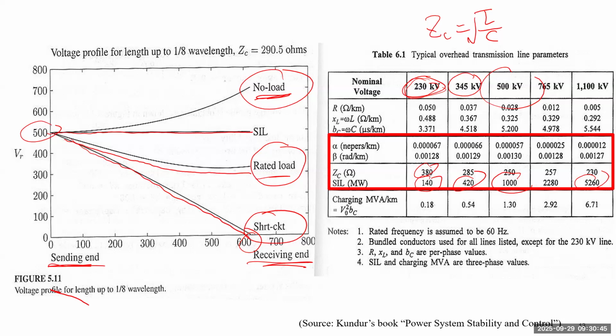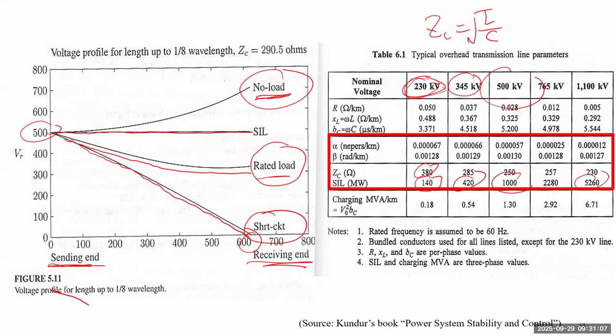This table also gives you some other typical values, which is very useful. If you want to do some calculation without knowing the details of the tower design or the conductor, but you want to roughly get an idea about L, C, resistance, surge impedance, loading, and alpha and beta values, you can check this table.